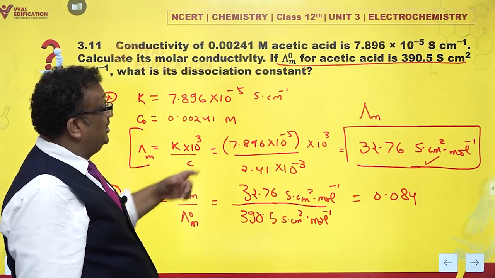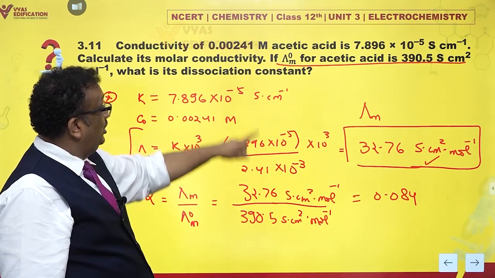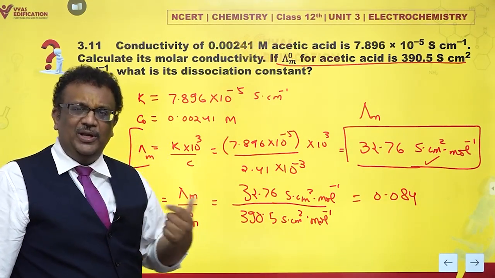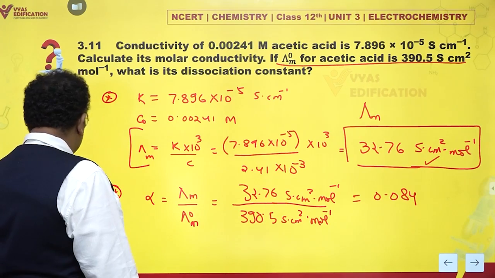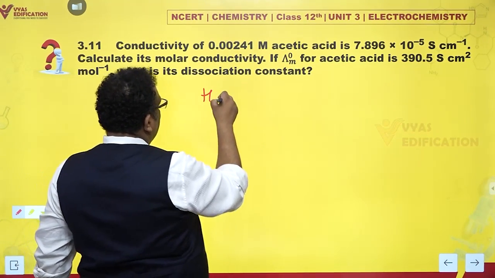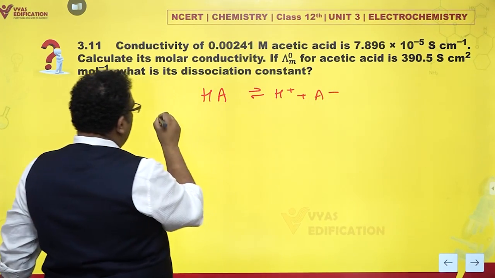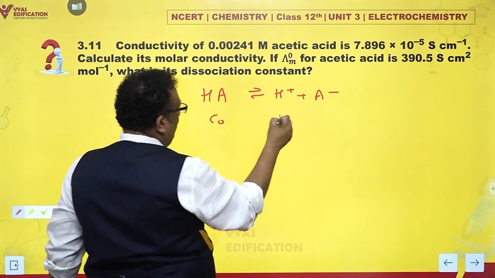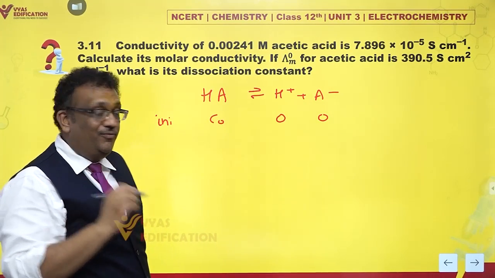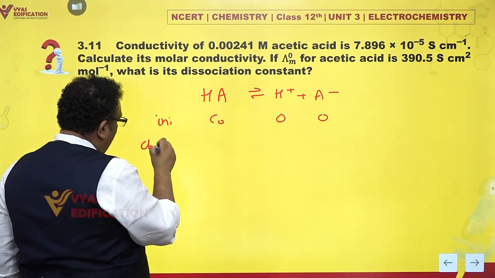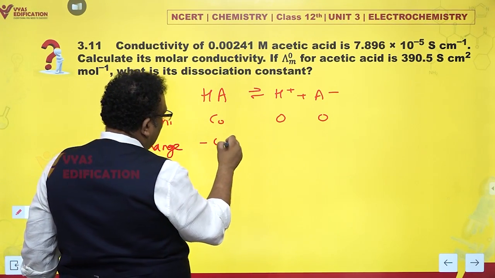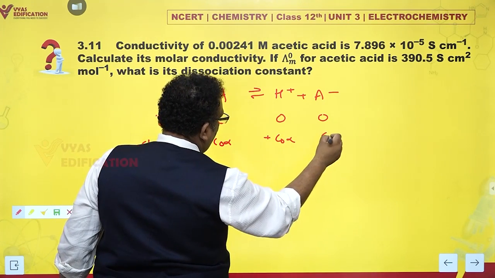And how do I get the dissociation constant? Alpha is known. Let me calculate that for you also. If HA dissociates as H plus and A minus, initially the concentration is C naught, and if the degree of dissociation is alpha, the change is C naught alpha, C naught alpha, C naught alpha.